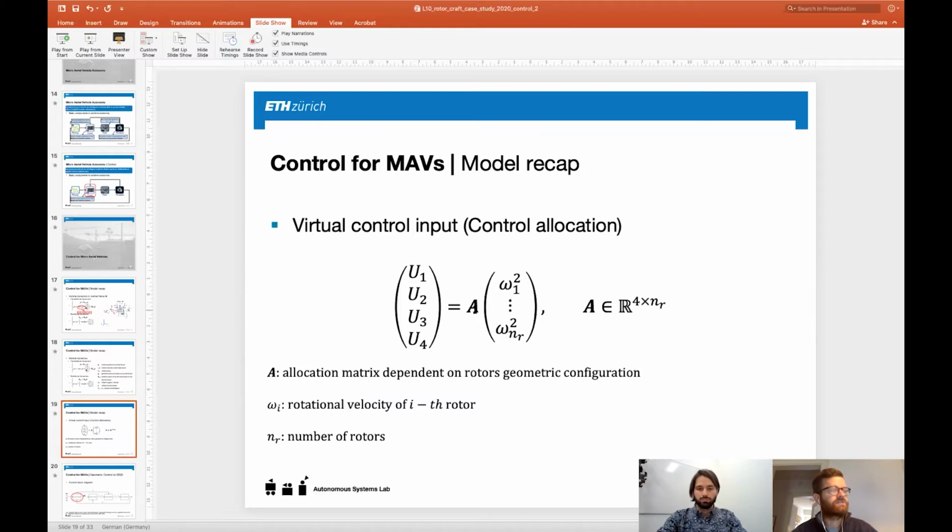This geometric allocation matrix depends on the length of the arms, for example, and also the thrust coefficient CF. And you can set this up by looking at how the vertical thrust and the accelerations around X, Y, and Z, so the torque accelerations, depend on the rotor speeds.